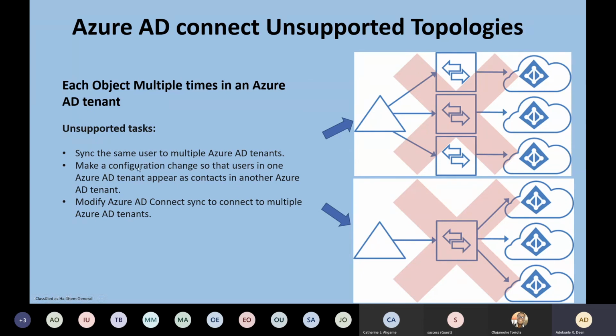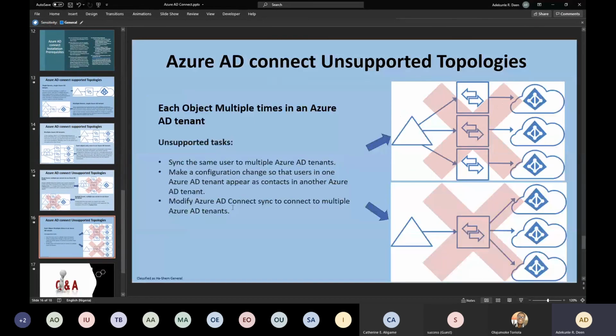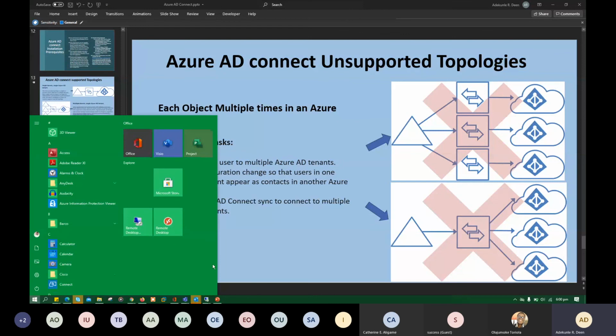It's not possible. You cannot make a configuration change for that, and you cannot modify AD Connect to sync to multiple tenants. No, it has to sync to just one tenant. With that said, let's go to our slide.